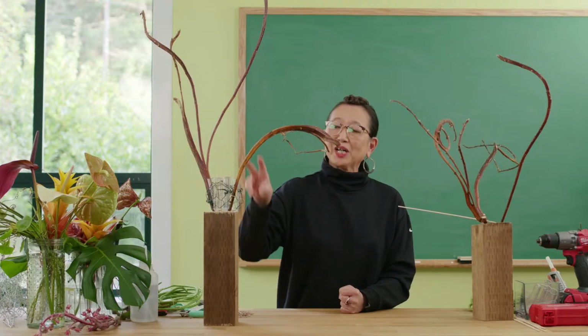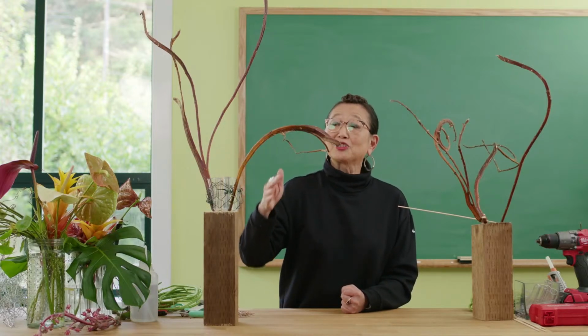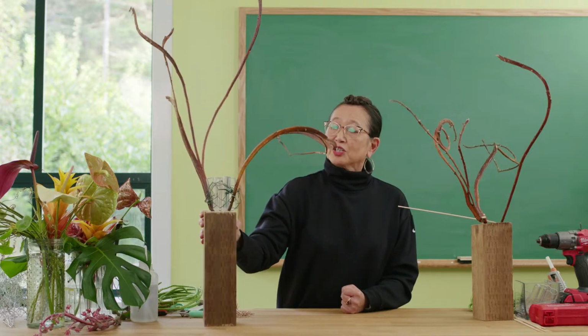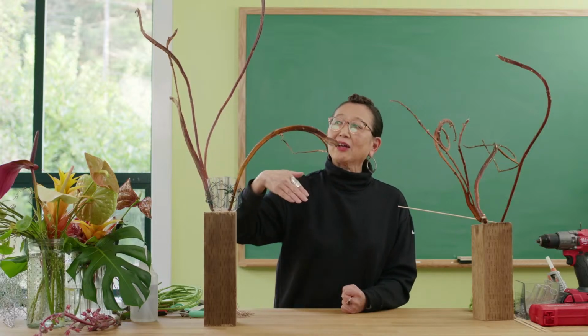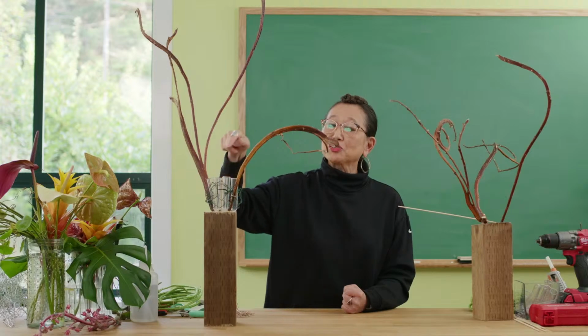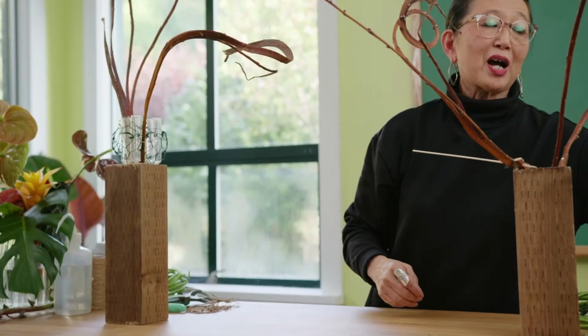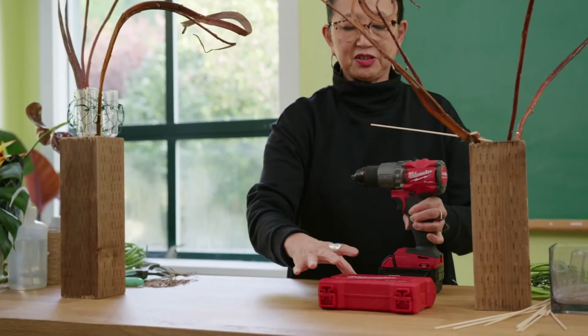But it makes the actual execution of flowering very, very simple, because a lot of it is already built into this structure. So what I've done here is I've drilled holes in a certain angle that creates this kind of cradle right here with these two branches. So those have been drilled in, and that's why I have the drill and drill bit here, because that's really the way you start this particular design.